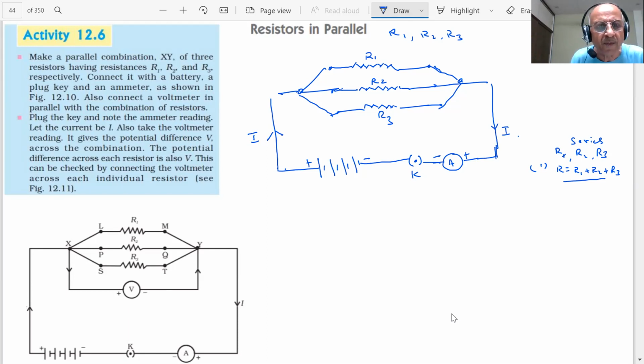Here, the voltmeter is always connected in parallel. V is my voltmeter connected in parallel. This will give me the reading of the potential difference, and this will give me the reading of the current. Volts and current can be measured. This is plus, and I'm writing plus and minus.